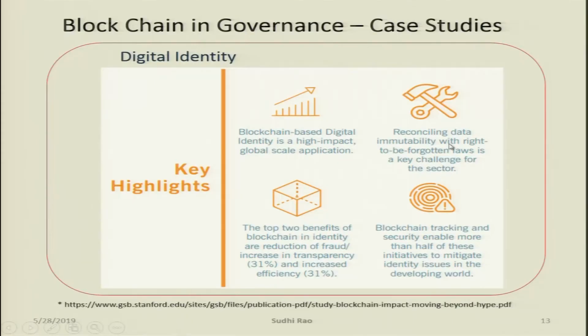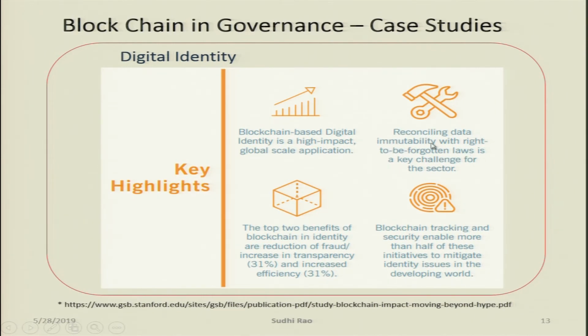So, now you can see the problem with blockchain in identity. Now, part of my identity is that I got 2 speeding tickets in 2010, in 2021 it should not be there, but blockchains cannot be changed. So, how do we reconcile this essential characteristic, that is the strength of blockchain, with the social requirement? Many countries have this requirement, so that is the challenge. It has high impact, but how do we reconcile that?